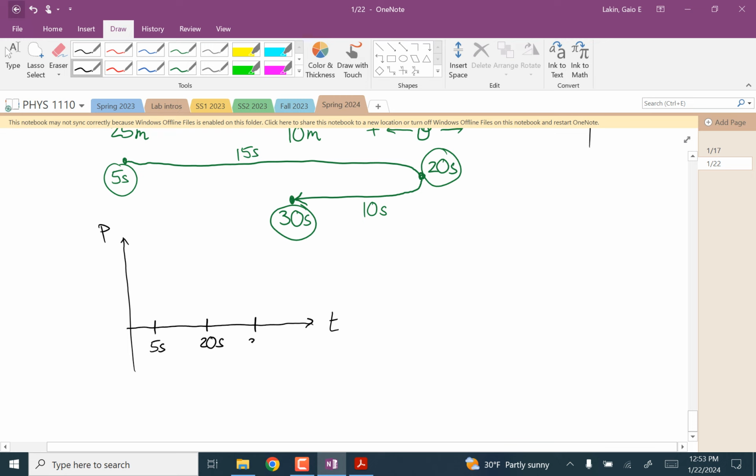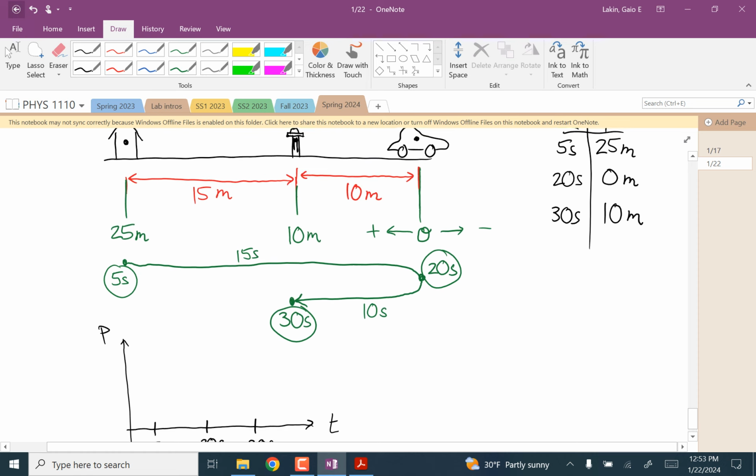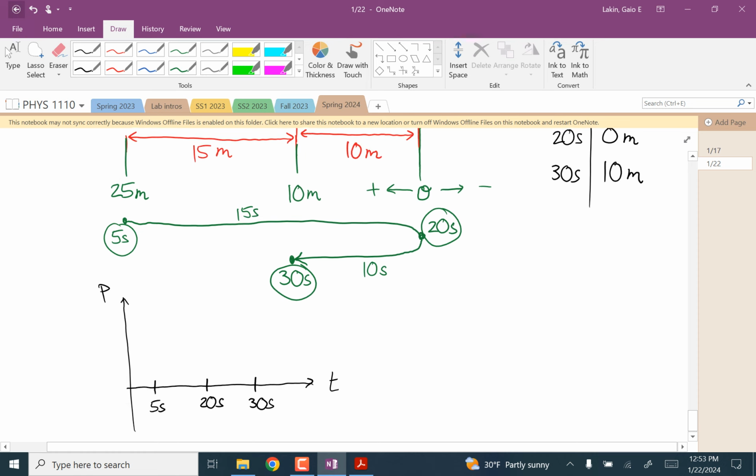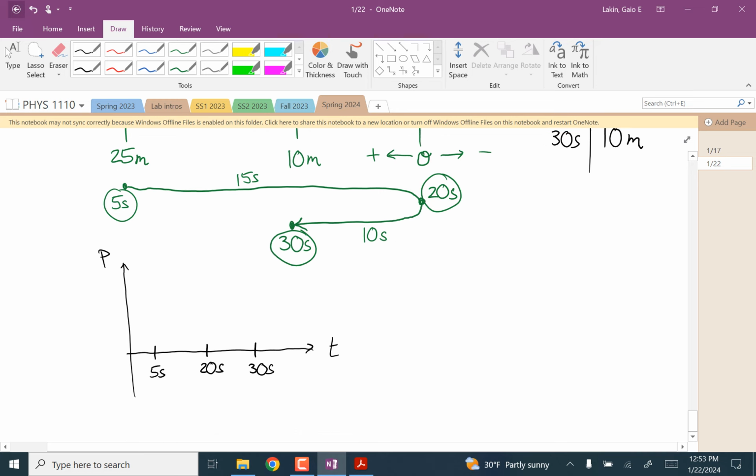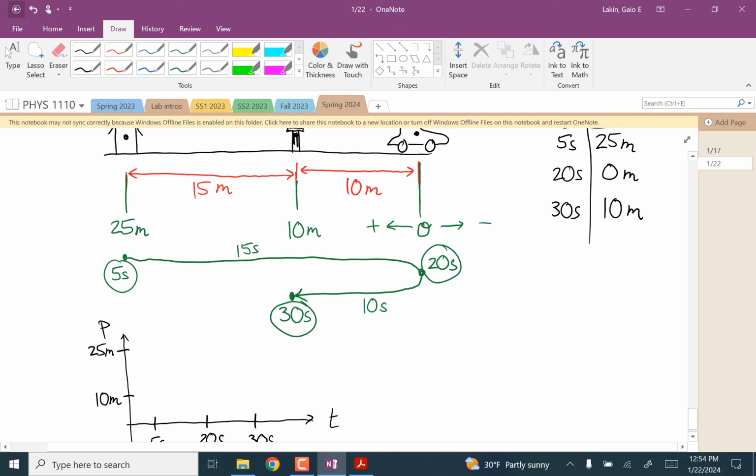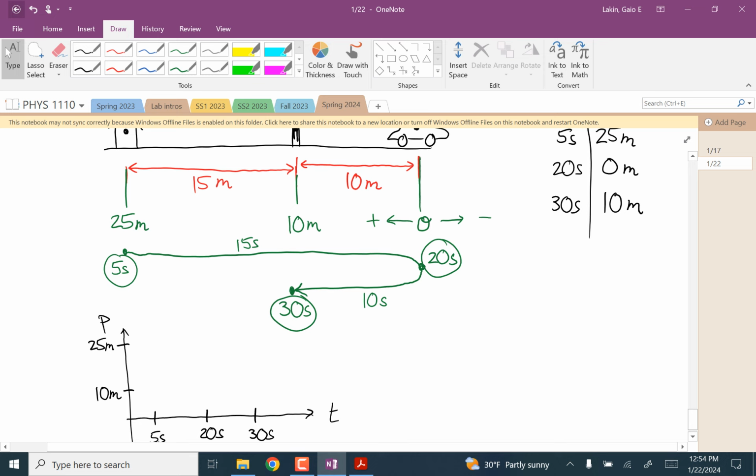And this is 30 seconds. The positions are 25, 0, and 10. And now you can just read those off the table.